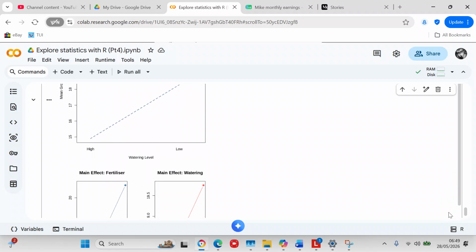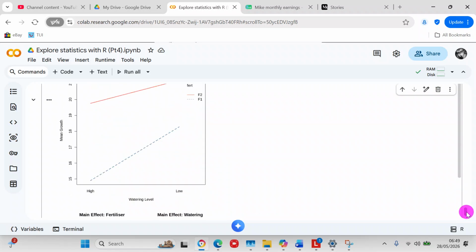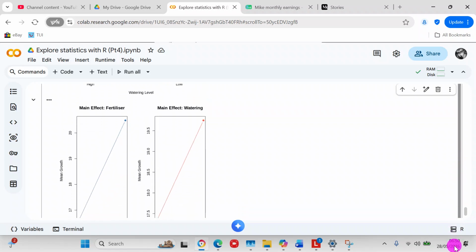And then the next chart we're going to make is the main effects plot, if I can find it. So you've got your main effect on your fertilizer, and you've got the main effect on watering.